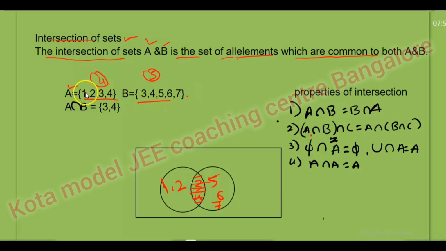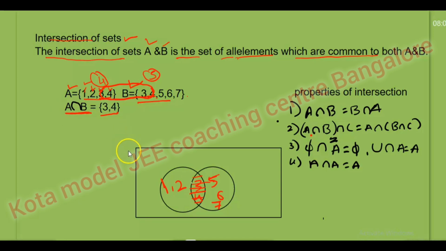Here 1 is only in A, so it does not come under the intersection, and 2 is present only in A. But 3 and 4 are present in B also. Then these 3 and 4 are said to be the intersection of A and B. A intersection B is equal to {3, 4}.